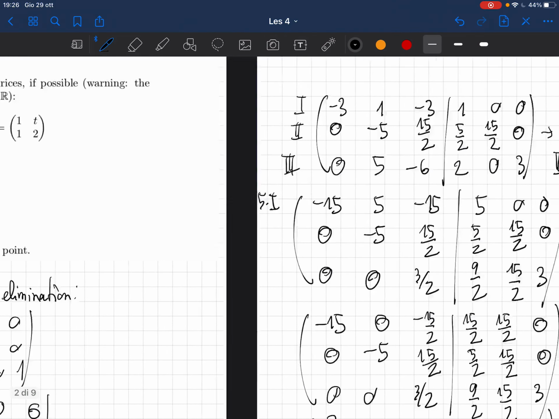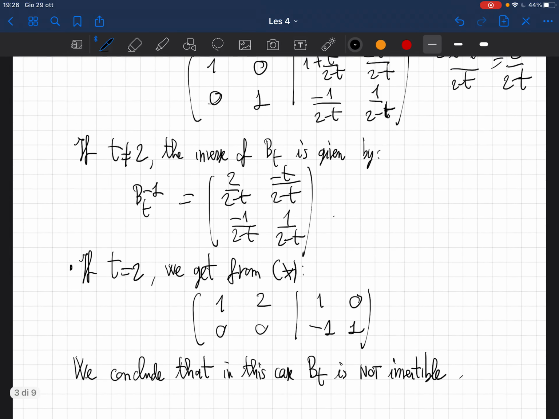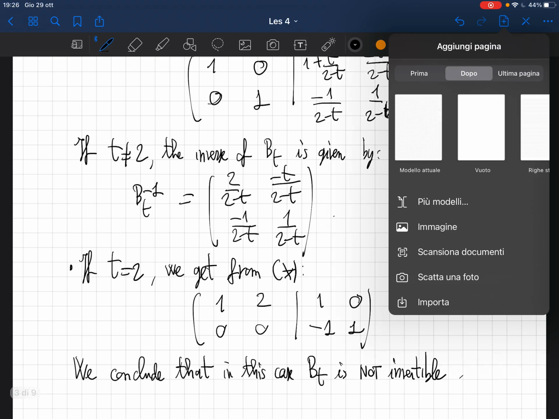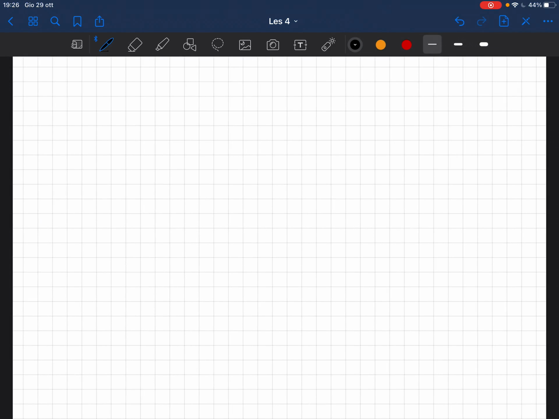So this is a solution. We're not really done with everything. There's still the last part, the second part. But here it's easy. A is invertible.